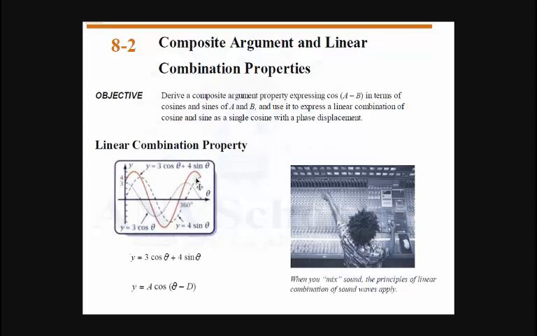So the linear combination property states that we could combine two sinusoidal functions together with different phases. And by way of the composite argument property, which involves cosine of A minus B in terms of cosine and sine of A and B, we can use it to express a linear combination. So without further ado, let's move further into this lesson.